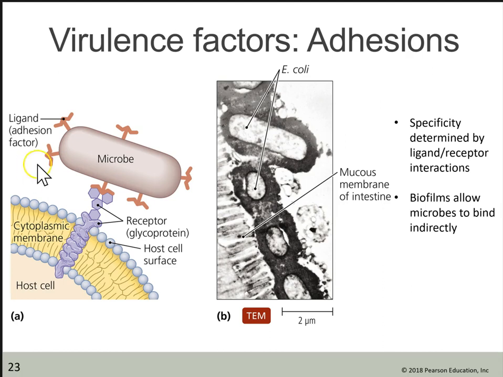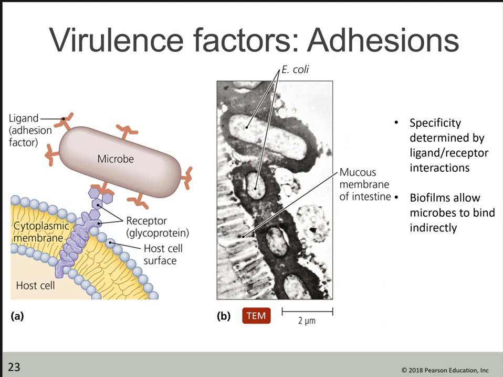Specificity is determined by the ligand-receptor interaction. So this is a chemical or a force reaction between this particular ligand and this receptor. And there's usually specificity that's associated with that. So this ligand most often will only associate with this particular receptor.